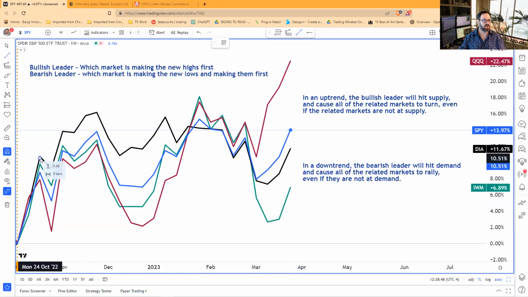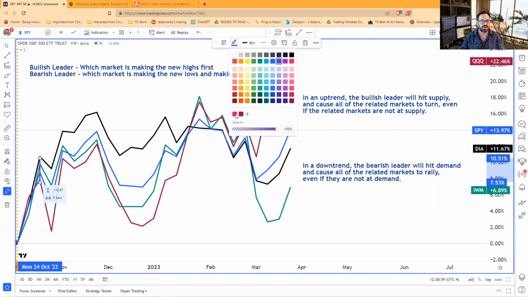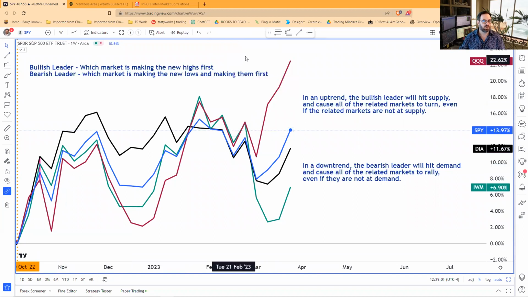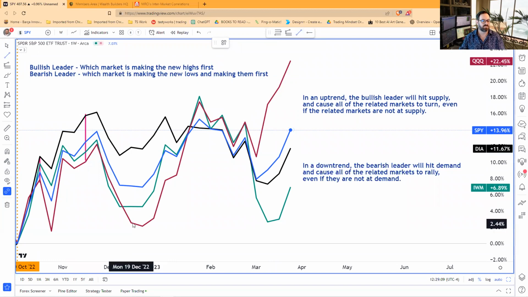But typically, when you see two or more related securities moving apart from each other, let's get a brighter color so we can see that better. When those correlations break down and you get that separation between related securities, expect a trend change pretty soon.